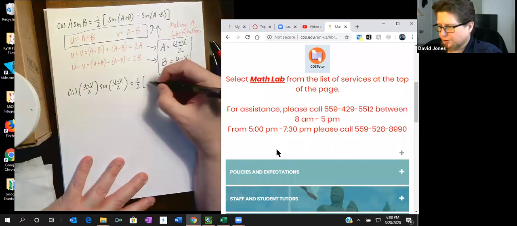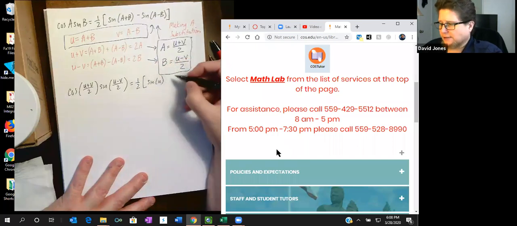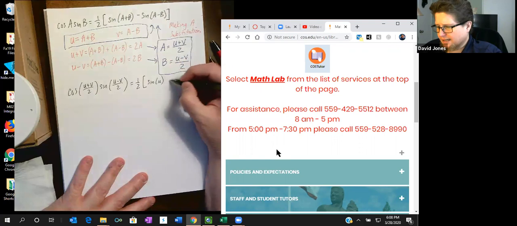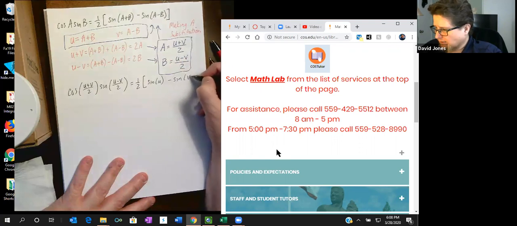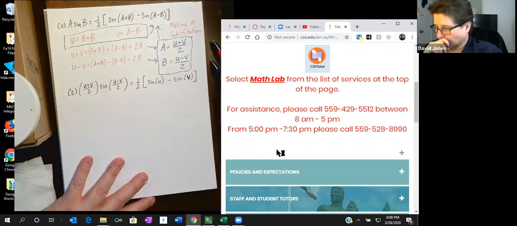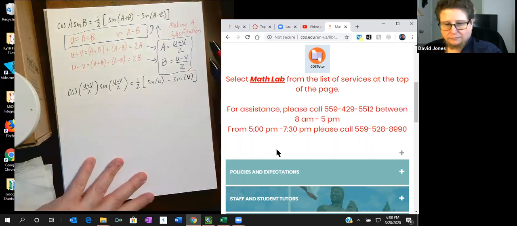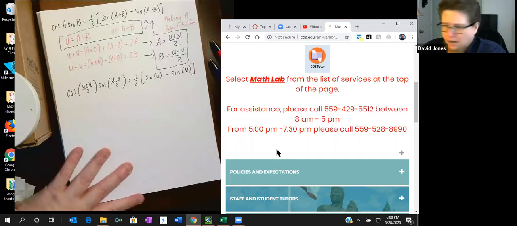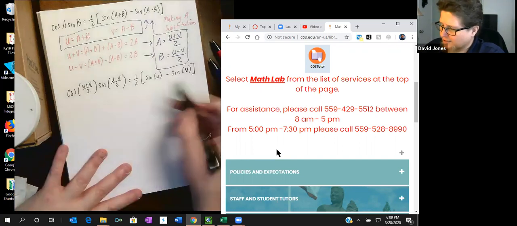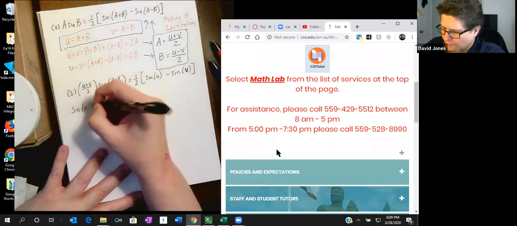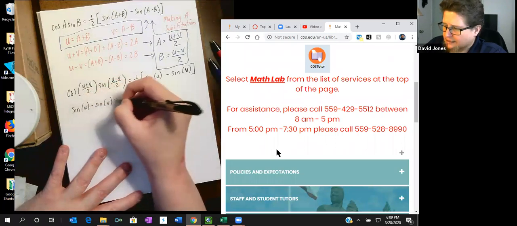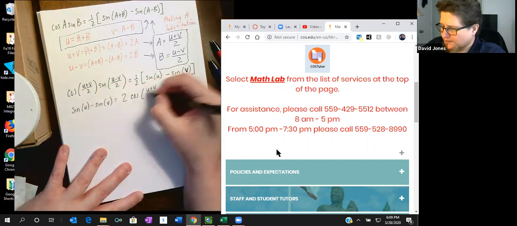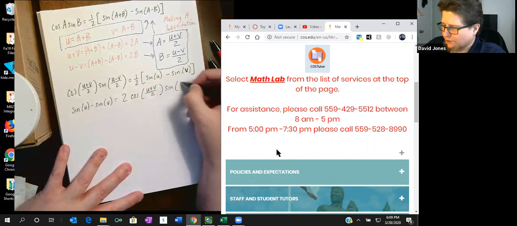A plus B is U, so this first thing is just sine U. And A minus B is V, and this is just sine V. If I put this stuff on the left, I've got sine of U minus sine of V multiplied by 2 to get it on the other side. I've got 2 cosine of U plus V over 2, sine of U minus V over 2.